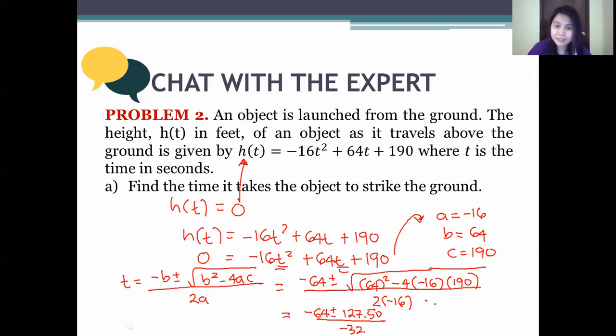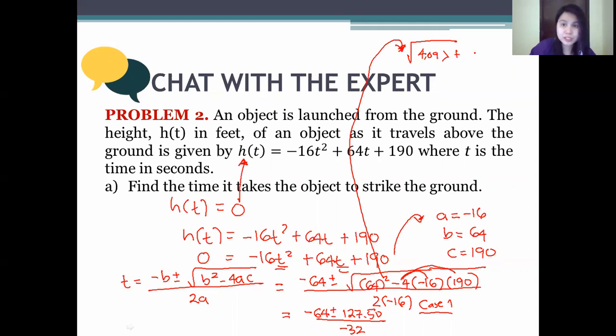Ma'am. Yes, AP? How did it become 127.50? Here, let me solve the one inside the square root. 64 squared is 4,096. Negative 4 times negative 16 times positive 190 is 12,160.